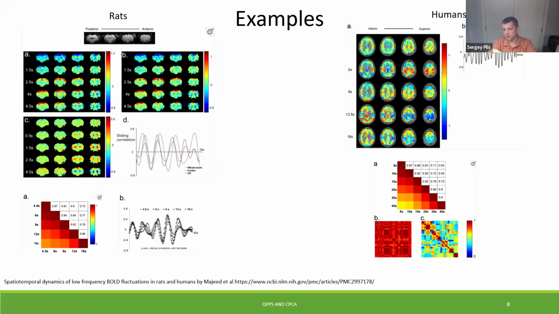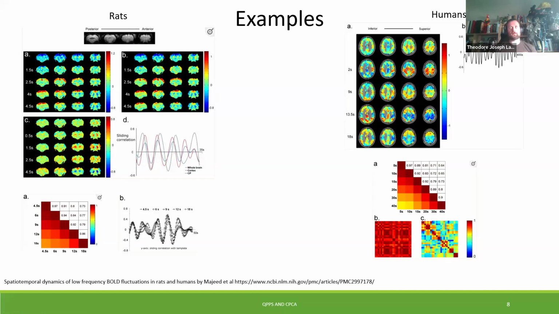But you mentioned some difference in frequencies for rodents and humans? Yes. In rodents they found that a window length of somewhere between 12 and 18 seconds was best for the template.